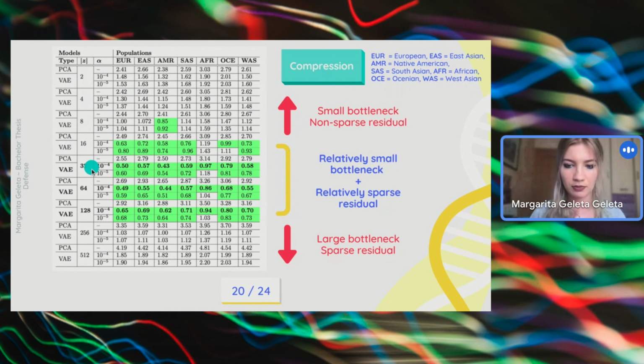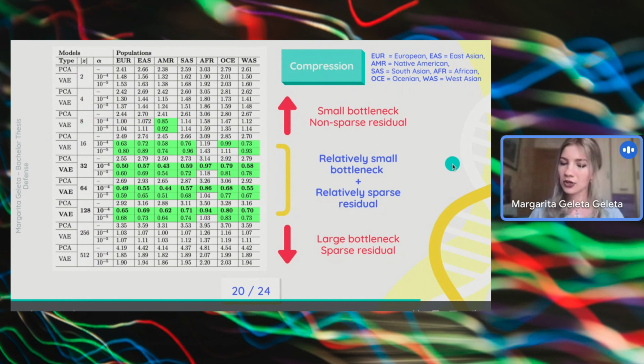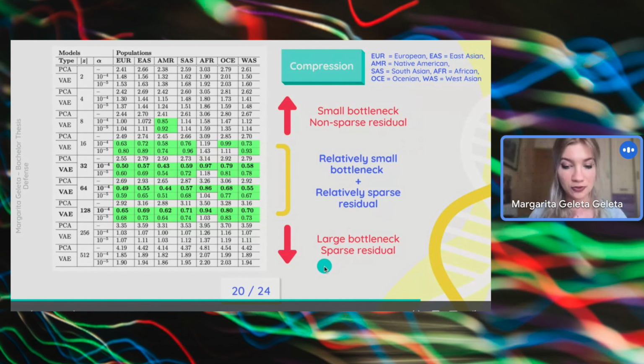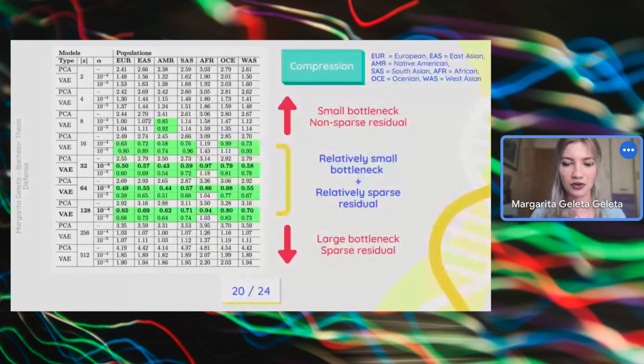And this is the size of the bottleneck. And here we find a trade-off. If we have a small bottleneck, the residual is non-sparse and it weighs too much to have a compression. If we have a large bottleneck, the residual is sparse, yes, but the bottleneck weighs too much to have compression.